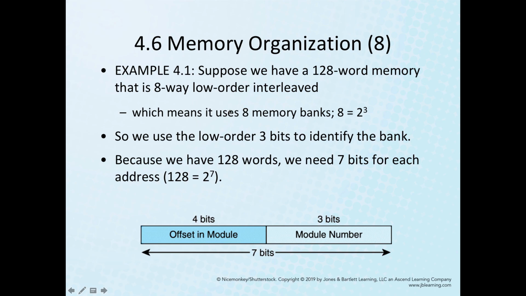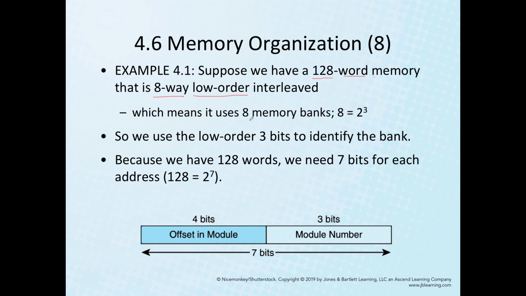So in memory organization, that is low order or high order. Another example: suppose we have a 128 word memory, which could be bytes or more than a byte, that is 8-way low order interleaved.